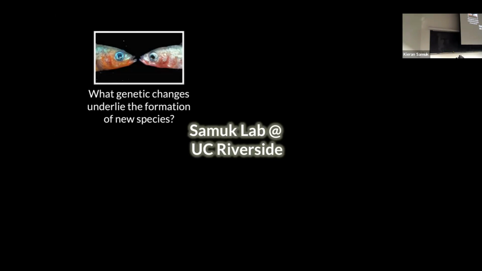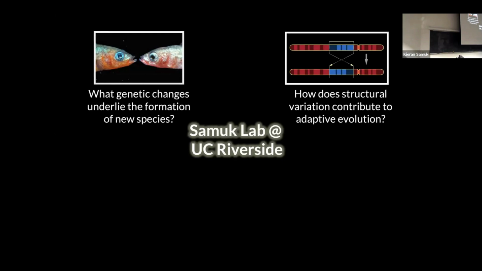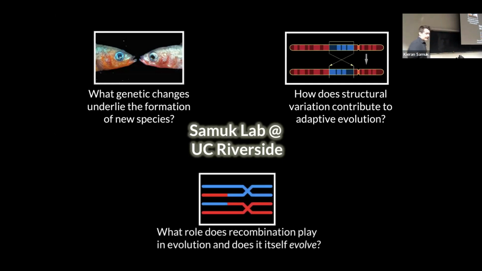So here are a couple of things that we're working on. What are the genetic changes that underlie the formation of new species? And we're working on this in both sticklebacks and flies. We're also becoming increasingly interested in how structural variation in the genome contributes to adaptive evolution. And this is being enabled, as many of you all know, by all our cool new long-read sequencing technologies. And what I'll be talking about today is another big focus of the lab, which is what role does recombination play in evolution, and does it itself evolve?